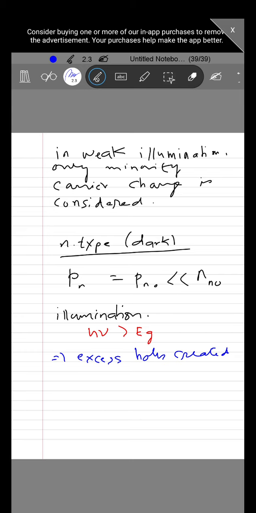So the number of holes in an n-type material after illumination will be equal to Pn0 plus delta Pn, which is again almost equal to delta Pn.